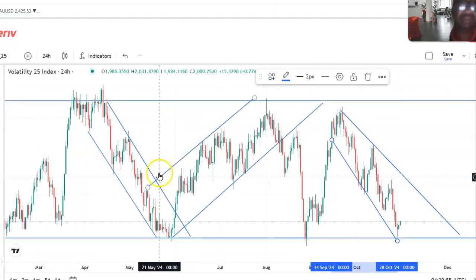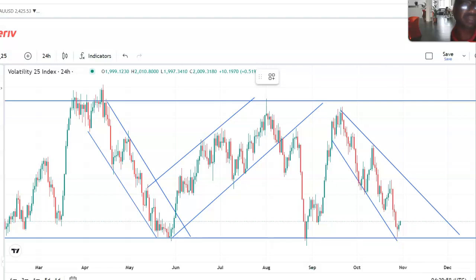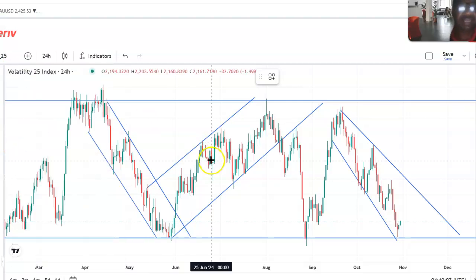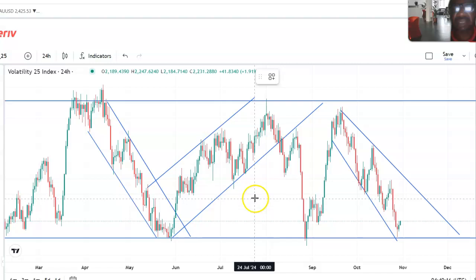Okay, now for example, let me draw my key levels and support lines here. Assuming this is a resistance line here now.